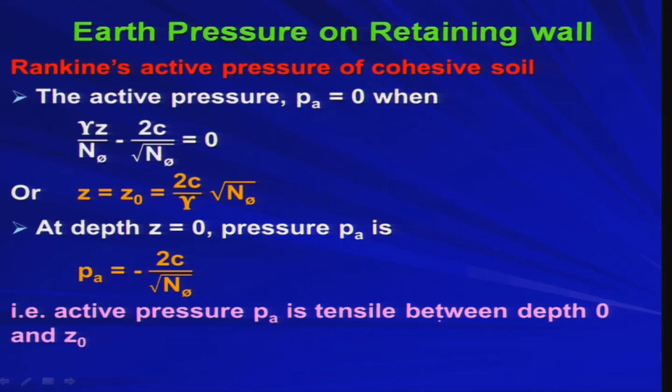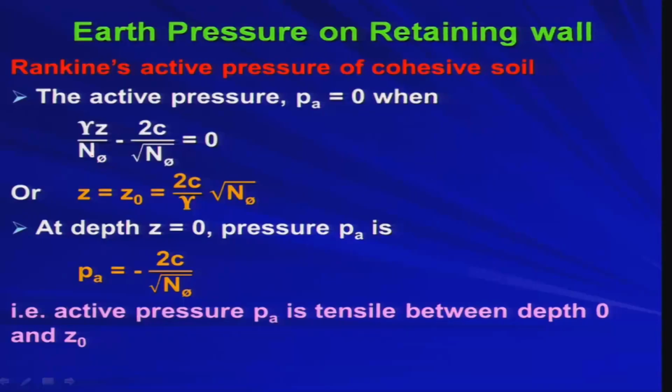Whether that situation is still valid or not, we have to examine. In the case of active pressure, when Pa becomes 0, gamma z by N phi minus 2c by root over N phi is equal to 0, from the previous expression.